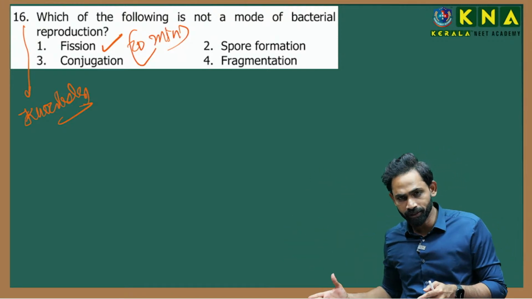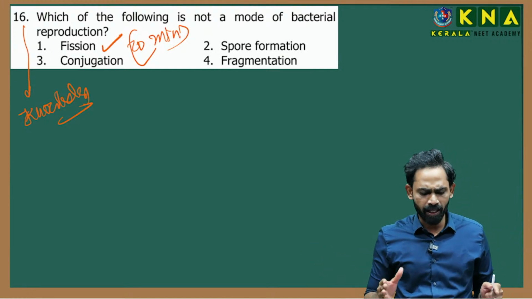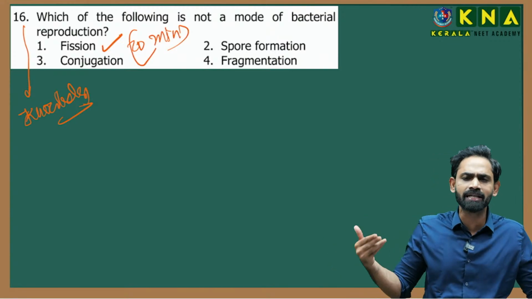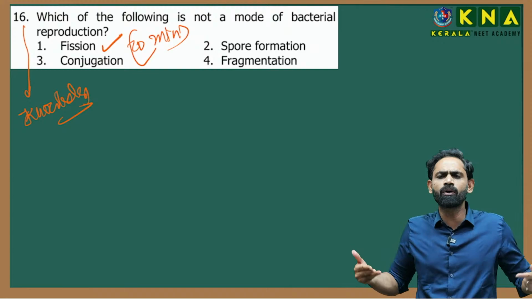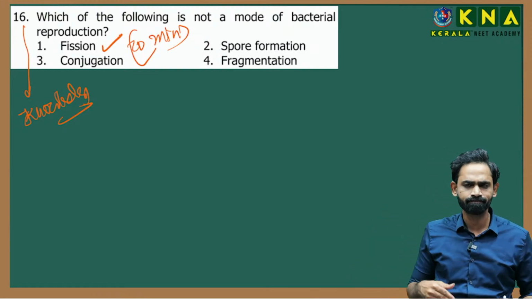Growth and reproduction are synonymous. If you take E. coli, binary fission takes 20 minutes. E. coli is a bacterium; binary fission, 20 minutes, how much will the population be?